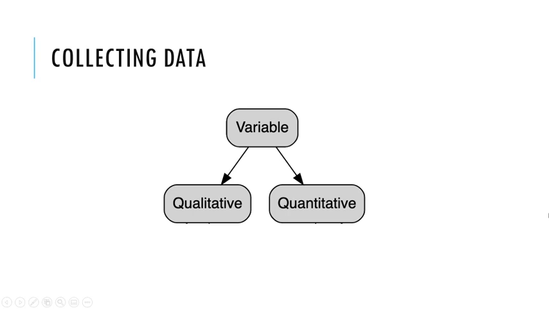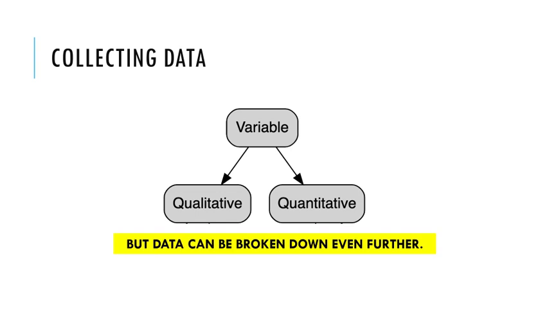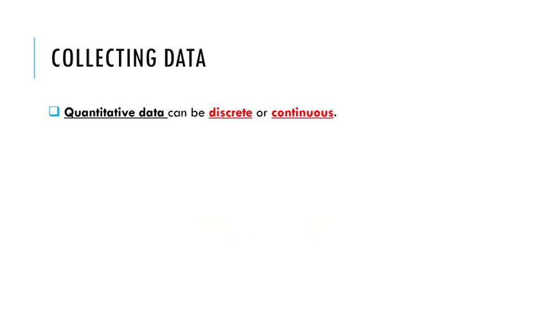As we just said, we can start with our variables and divide them into qualitative and quantitative variables. However, we can refine this even further. Data can be broken down with subcategories for both qualitative and quantitative. So we're going to add on to this chart. If we're looking at quantitative data, it can be either discrete or continuous.